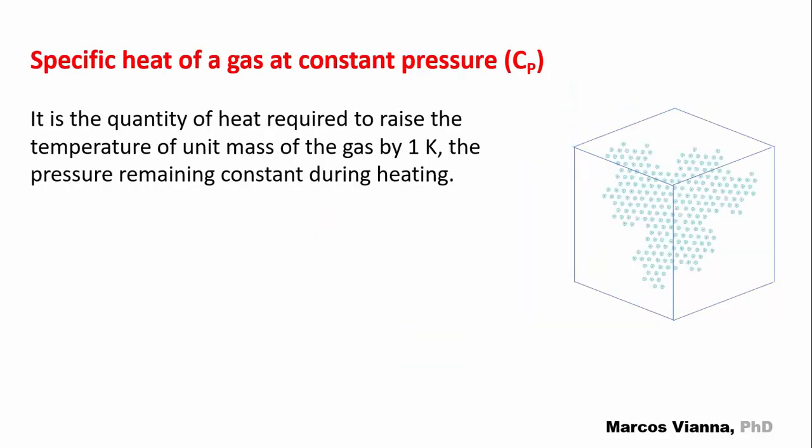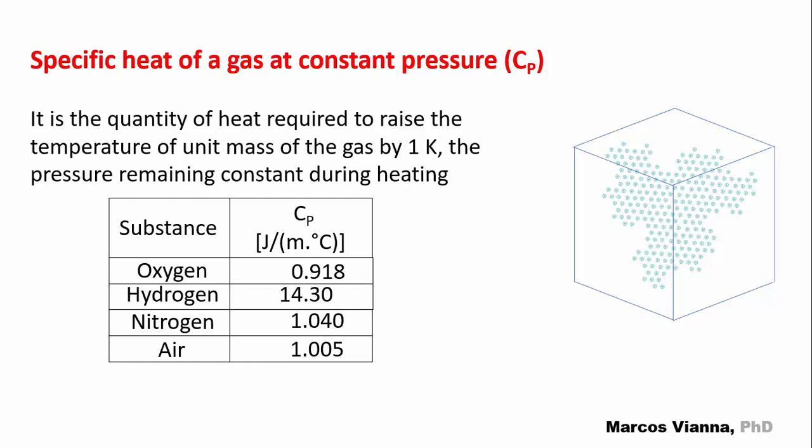In the case of gases, there is the specific heat of a gas at constant pressure. It is defined as the quantity of heat required to raise the temperature of unit mass of the gas by 1 Kelvin, keeping the pressure constant during heating. In this table, we can find some Cp values for common gases.